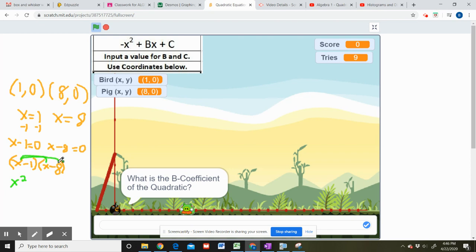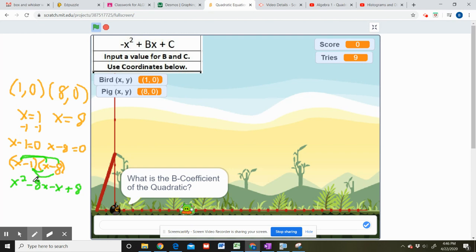Outer, I go x times -8, I get -8x. Inner, I go -1 times x, I get -x. And last, I go -1 times -8, and I get a +8. All right, same signs, positive.